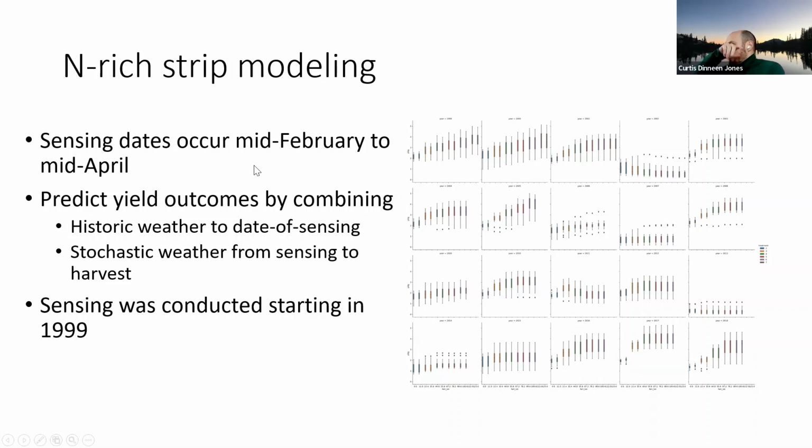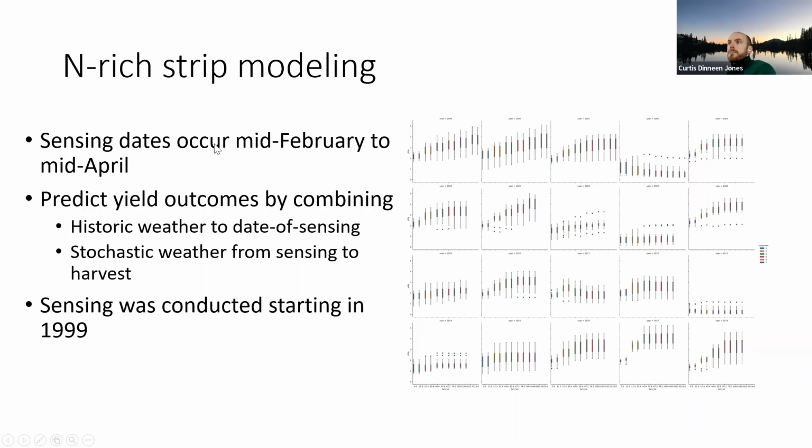Essentially they track the weeks 4 to 6 stage of wheat, and there's also a climatological parameter in there where they're tracking growing degree days from planting to sensing.